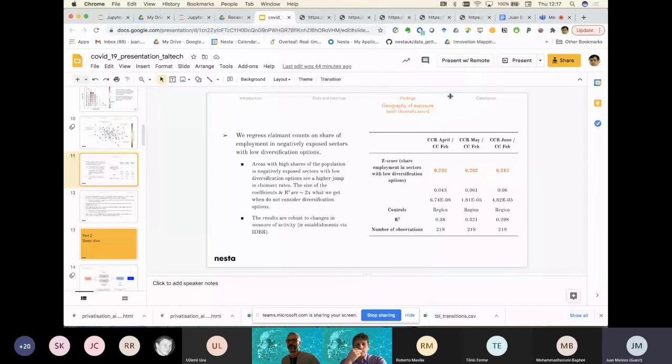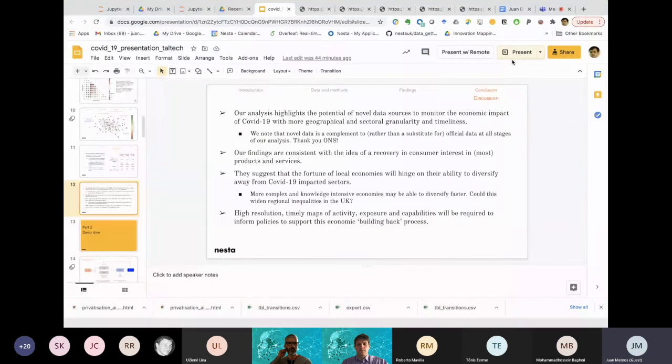And obviously we find that incorporating the more detailed data into this kind of model increases our goodness of fit, our ability to explain unemployment outcomes. This suggests that this kind of information is helping us to better understand what the impact of COVID is.